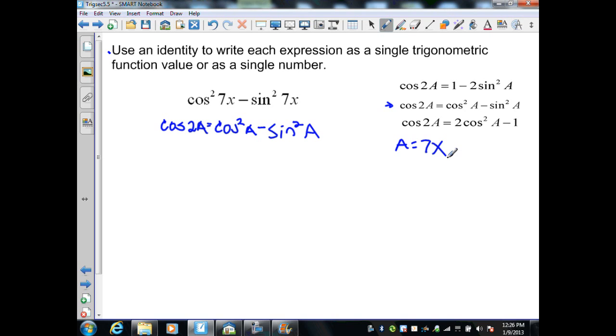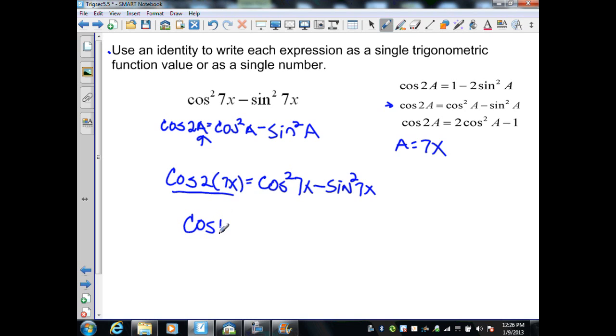So if I substitute that in, cosine 2 times a, and I know a to be 7x, is equal to cosine squared 7x minus sine squared 7x. Then I can solve my problem by just multiplying. This simplifies to cosine 14x. And now that's written as a single trig function.